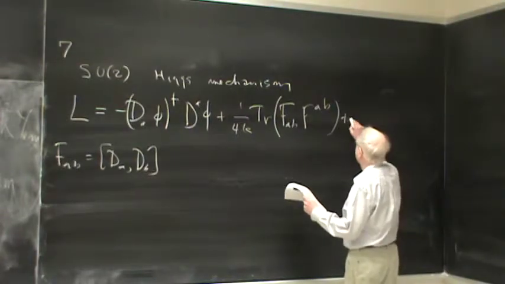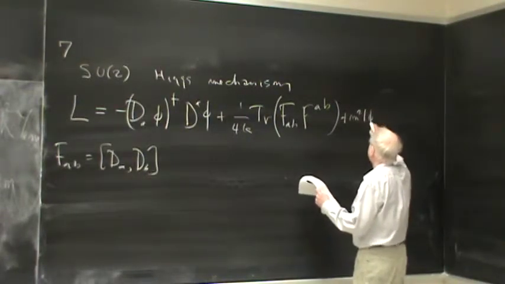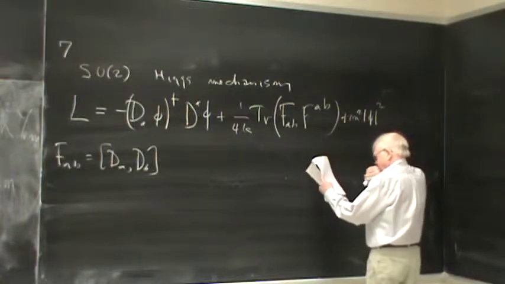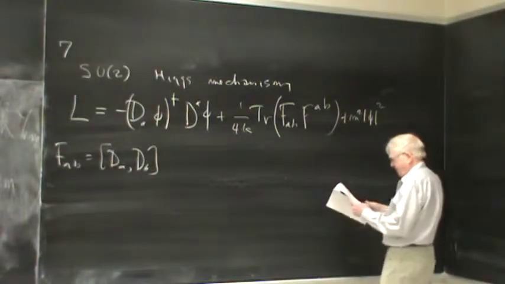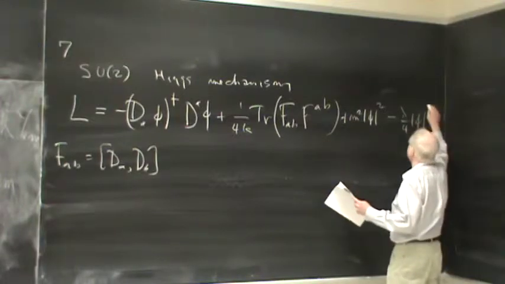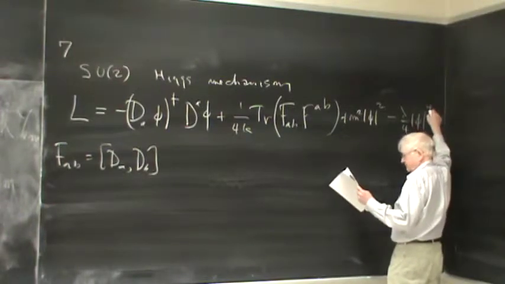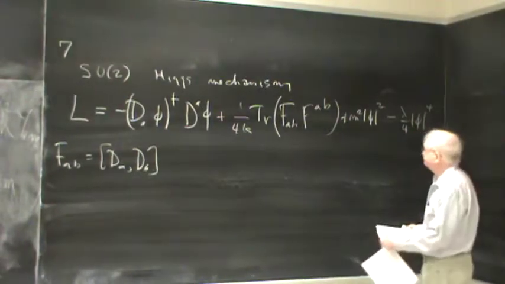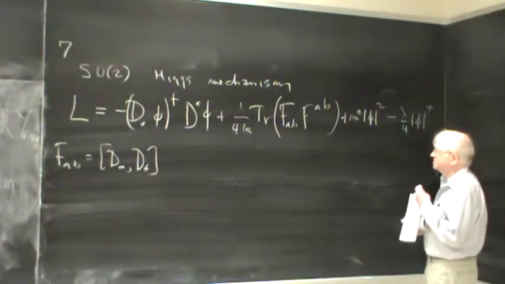And then there's the term m squared, phi squared, and just to follow my notes without changing things, it looks like this.